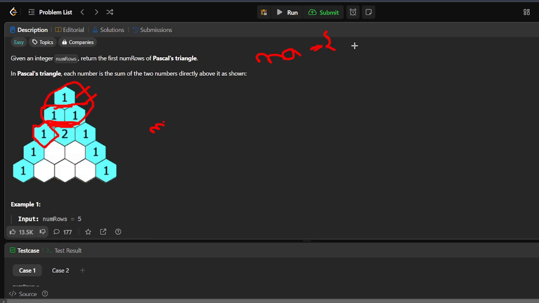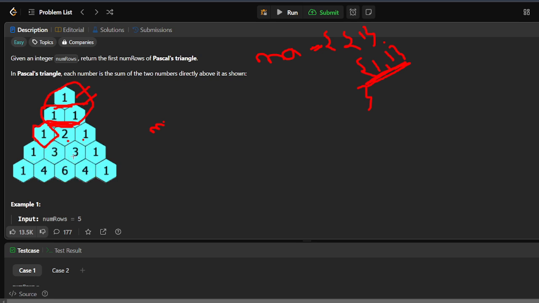It contains one in the first row, and in the second row it contains one and one. We simply reach the last row and add them. These two things make two, and this is one.